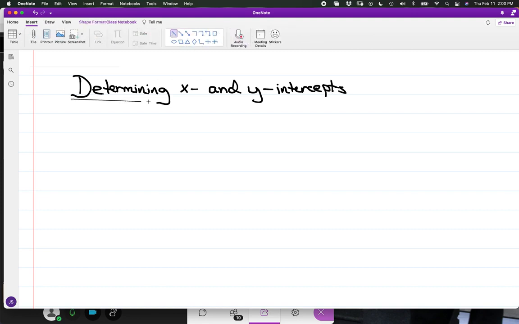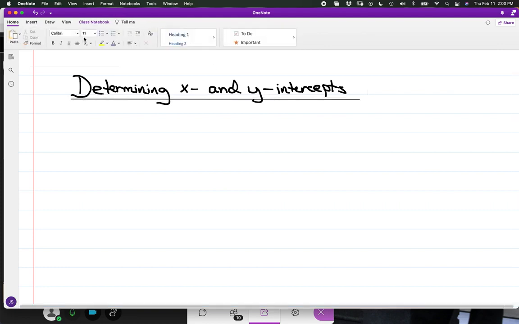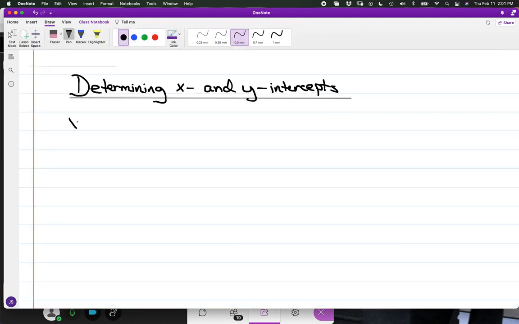Okay, for x-intercepts, the general coordinates you want to have are x, 0. By definition, this is the location where the graph is going to cross or touch the x-axis.